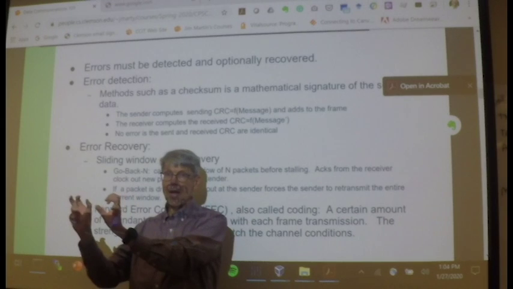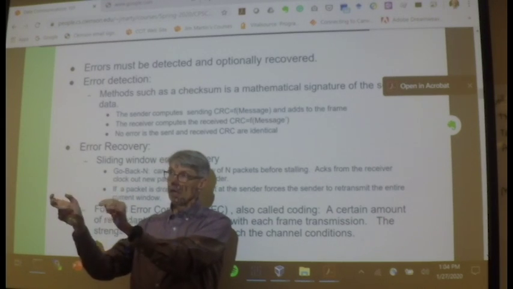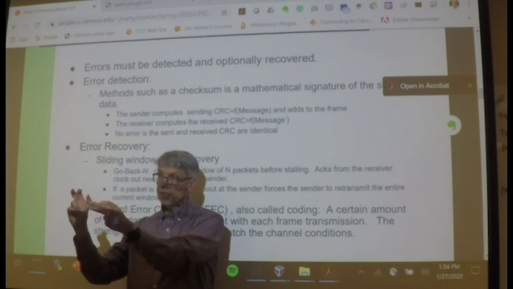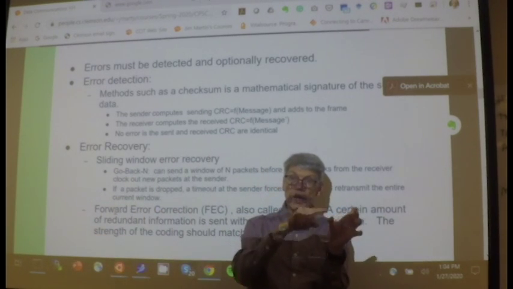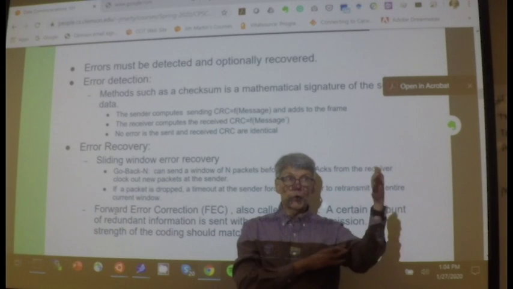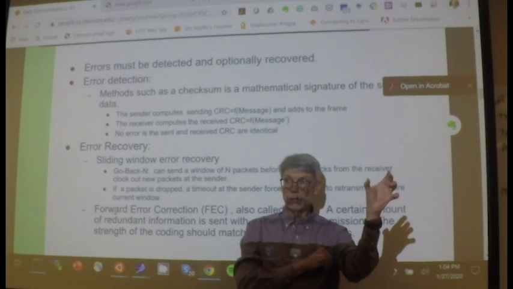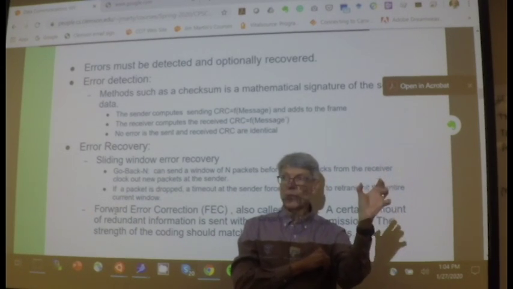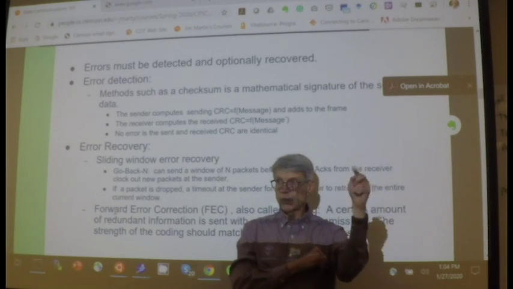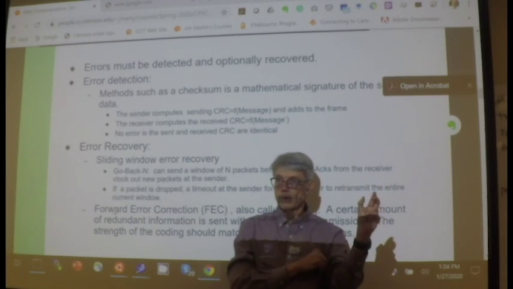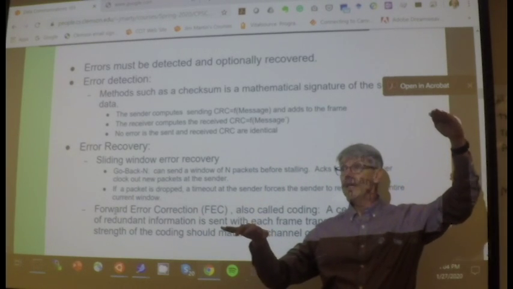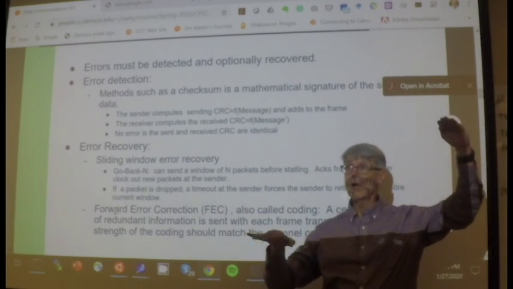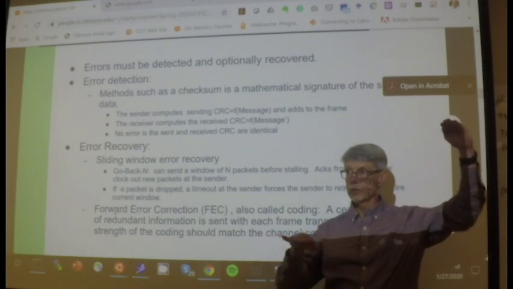Part of that is that if the receiver sees a packet is dropped, it'll send back an ack and say, sender at the TCP layer, you need to retransmit packets X, Y, and Z. All of that goes on underneath. The application has no knowledge of what's happening.